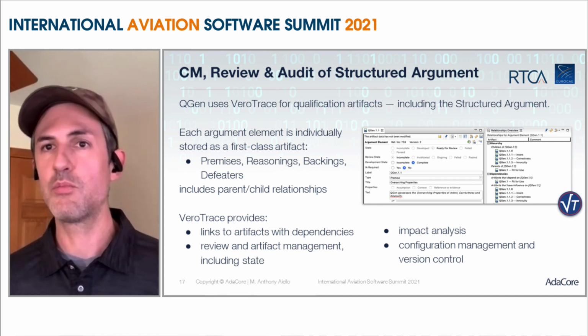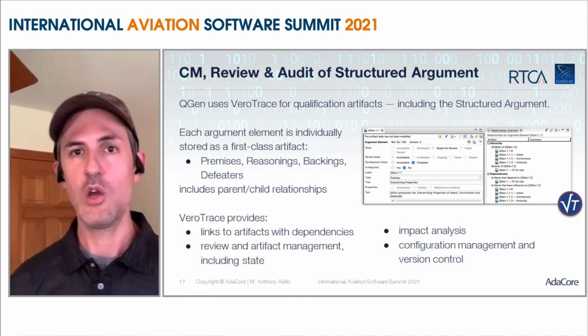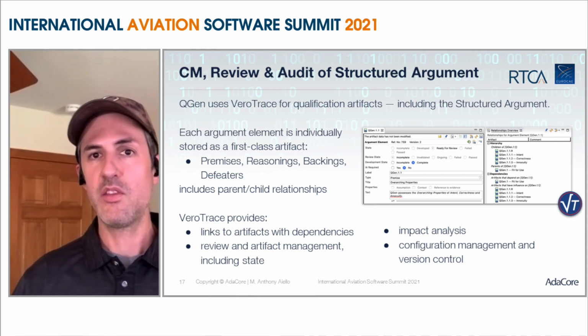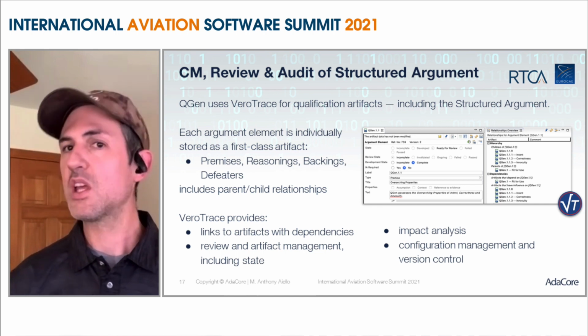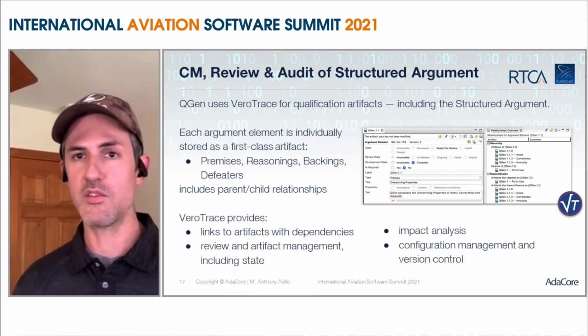ViewRTO brings us a lot of benefits in capturing the argument in this way. We're able to link argument elements to artifacts that are serving the role of evidence in the qualification of QGen, and we can identify the explicit dependency of an argument element on those artifacts.